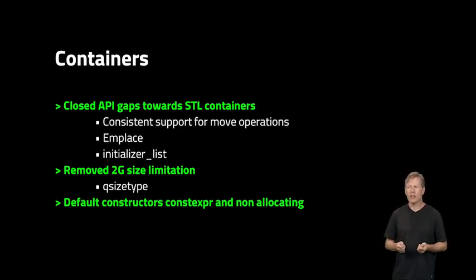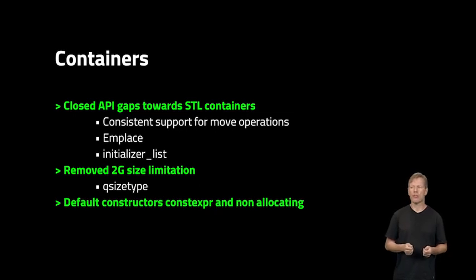On the container side, we've done a lot of work trying to close the API gaps towards the STL containers, have support for move operations, for all the things that you get in modern C++, emplace, initializer lists, and other things.